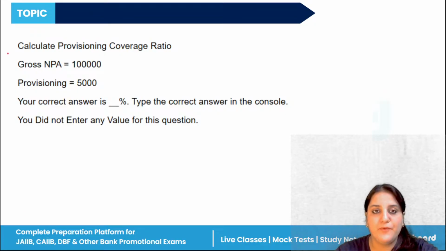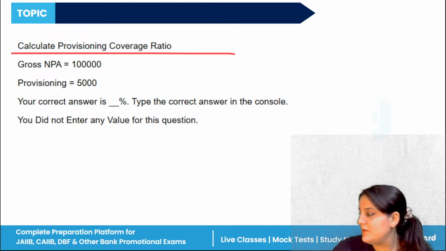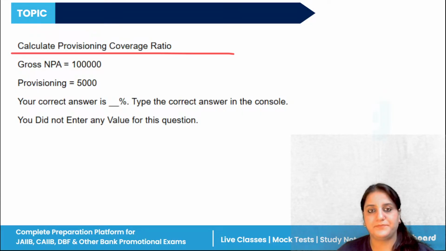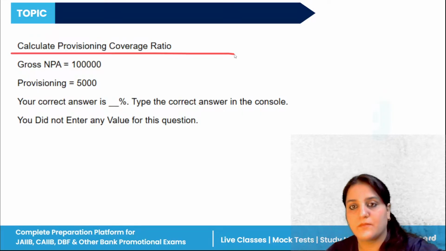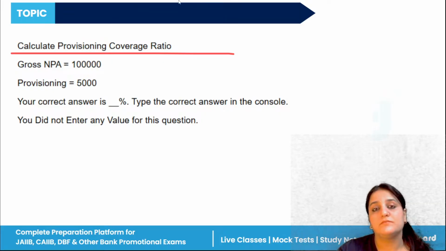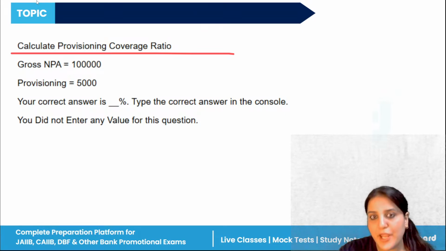Now calculate the provisioning coverage ratio. Gross NPA is given, provisioning is given. Then what is the correct answer in that case? See how to calculate.